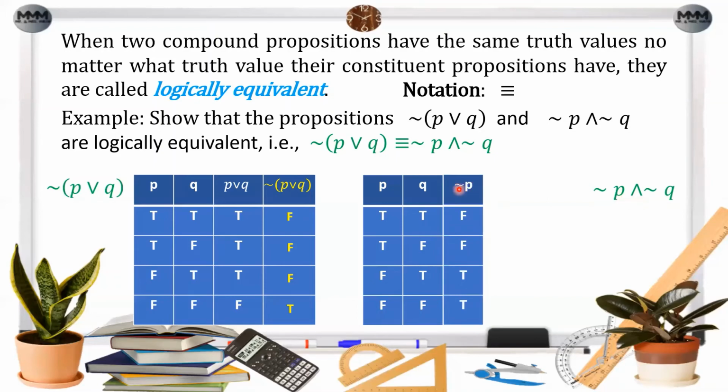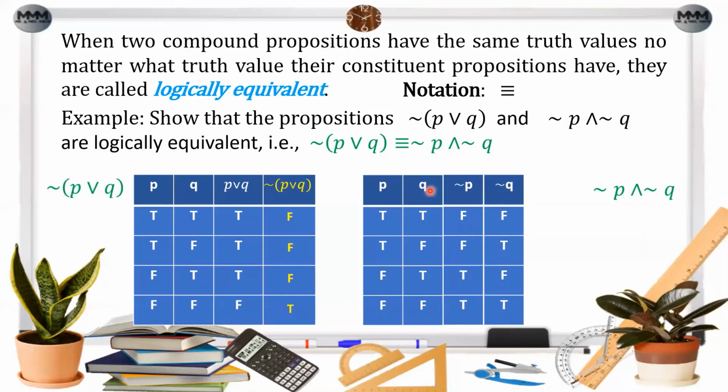So here, for not P, we're going to focus on the first column, the truth values of proposition P. So the truth value T becomes F. Here T becomes F. Here F becomes T, F, T. Now let's proceed to the next column. We will create the not Q truth values.